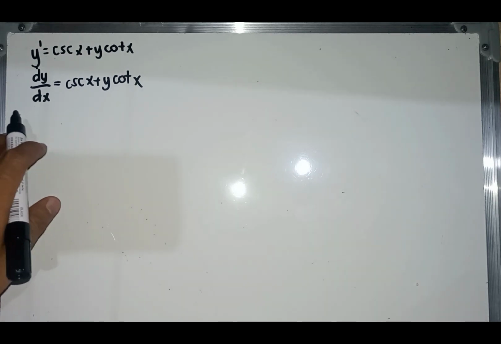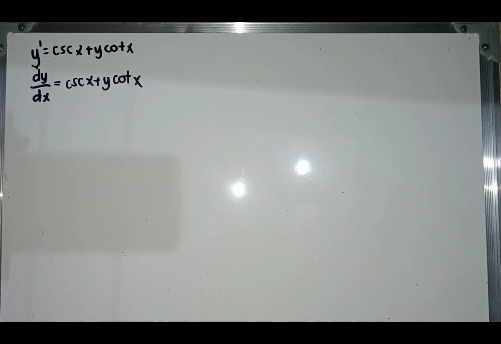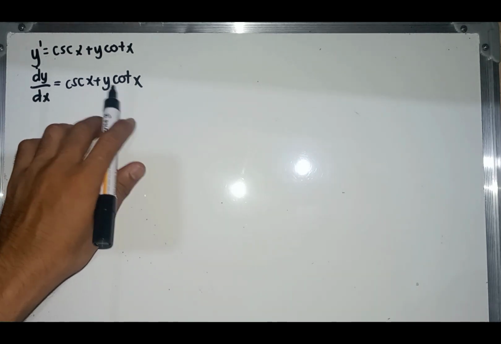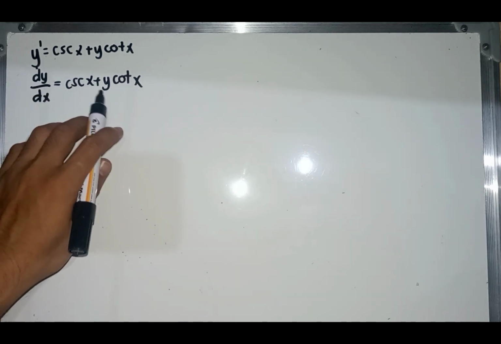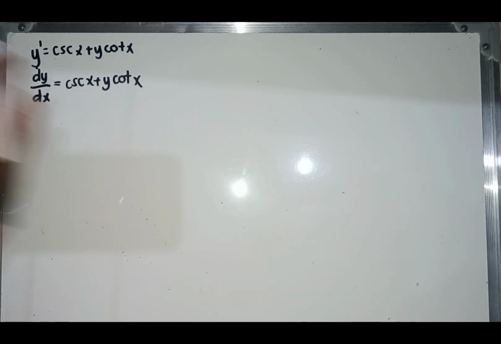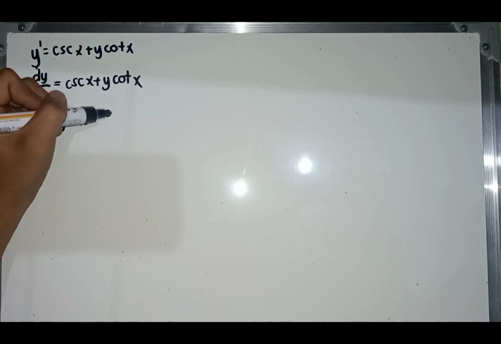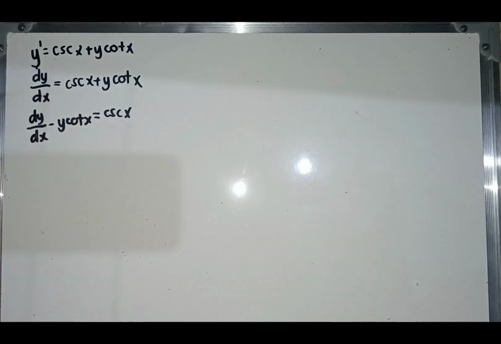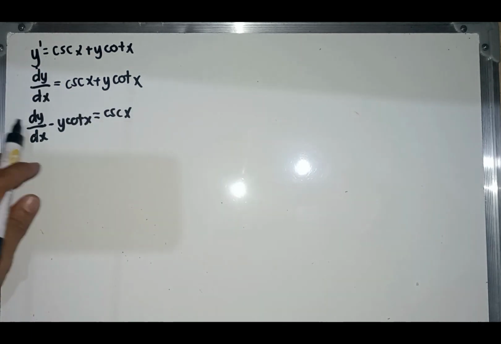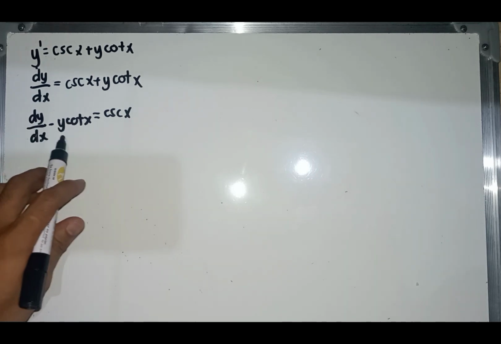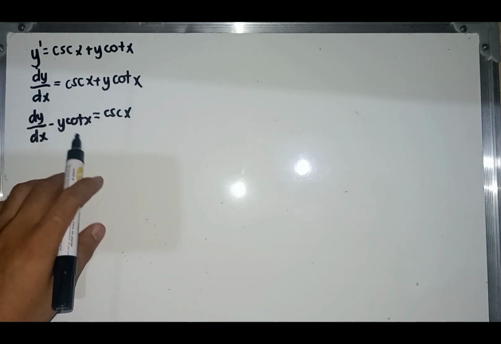To put it in linear form, we transfer this term to the other side and change the sign, so it becomes negative. We have dy over dx minus y cotangent of x is equal to cosecant of x.